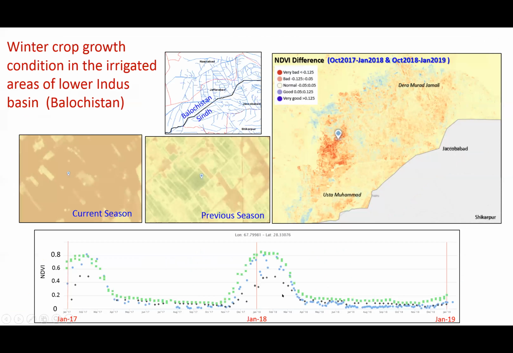It has two elements in it. One is peak of season, that is, what highest NDVI value you are getting in a particular season. Then there is another value which is season integrated. You start calculating NDVI value from November till the end of season, somewhere in the middle of March.